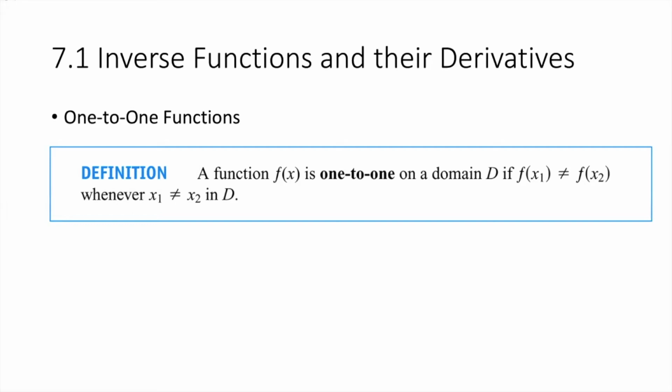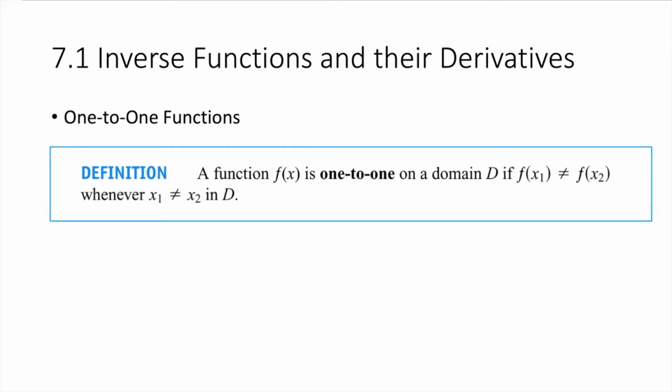One-to-one functions. You've heard of one-to-one functions before in your algebra and pre-calc courses. We don't always define them exactly like this in pre-calc. So I'm going to read you this definition, and then I'm going to do my best to say it in something closer to everyday English.